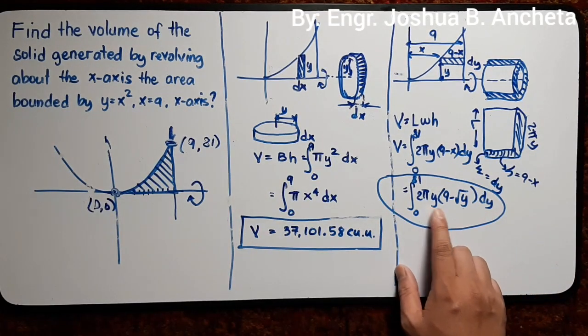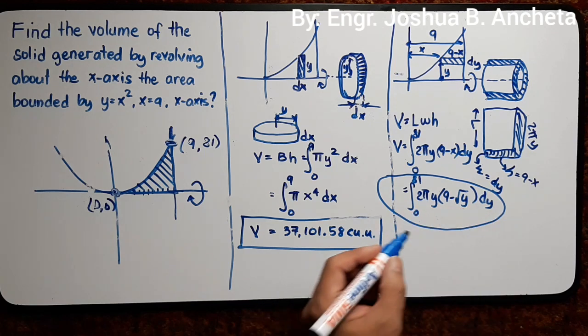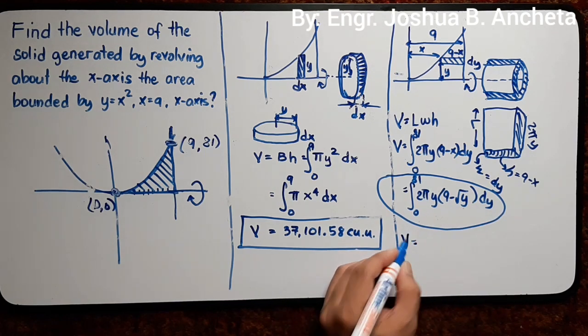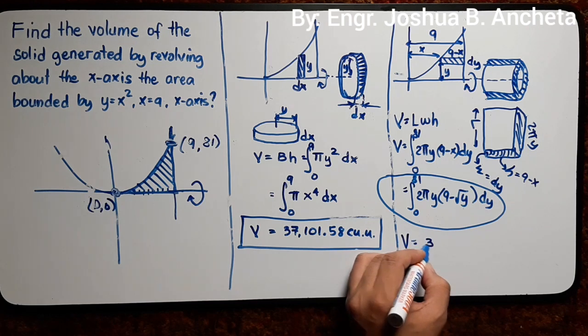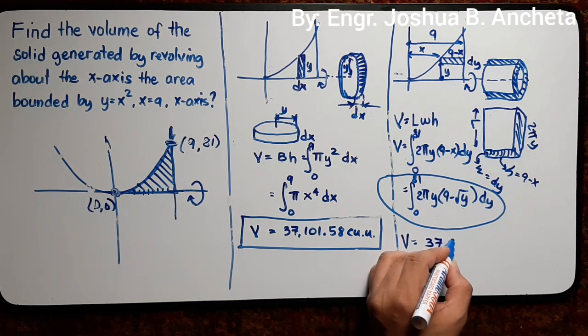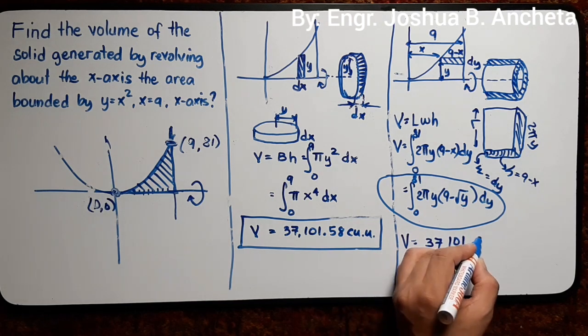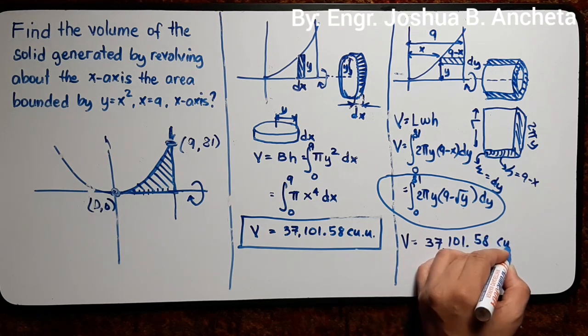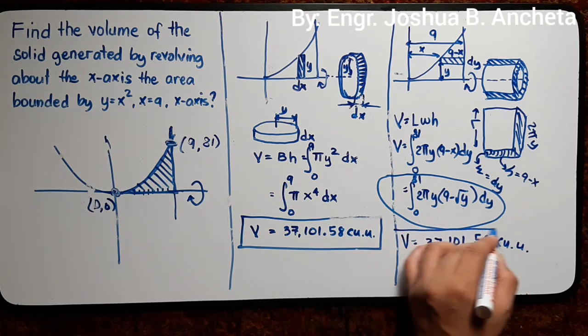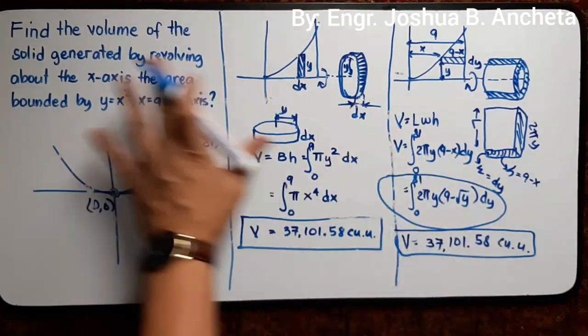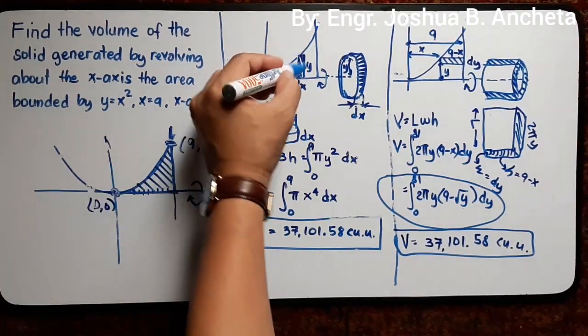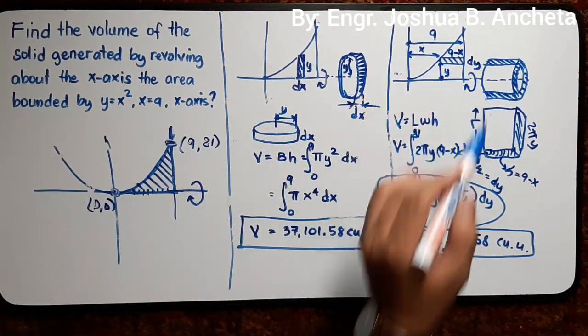So put x here. This will give a value of 37,101.58 cubic units. This is the solution for this problem using vertical strip and horizontal strip.